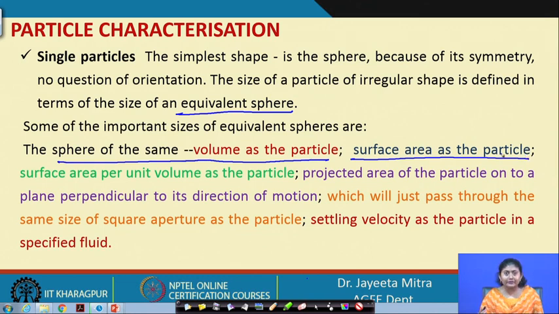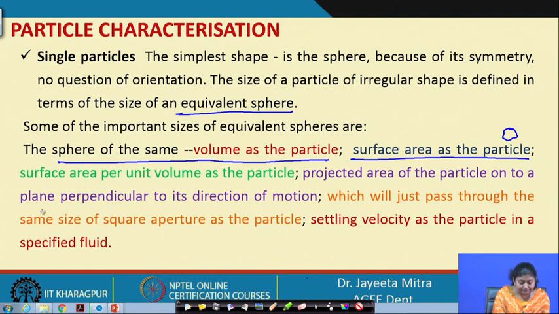That means, we have an irregular particle, we measure the surface area of the irregular shaped particle, and then we take a sphere having the same area, and the diameter of that we take as the equivalent diameter.